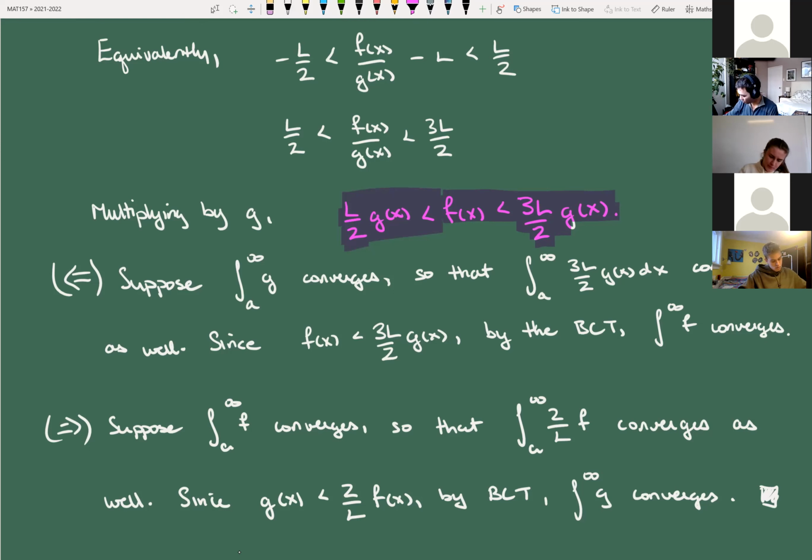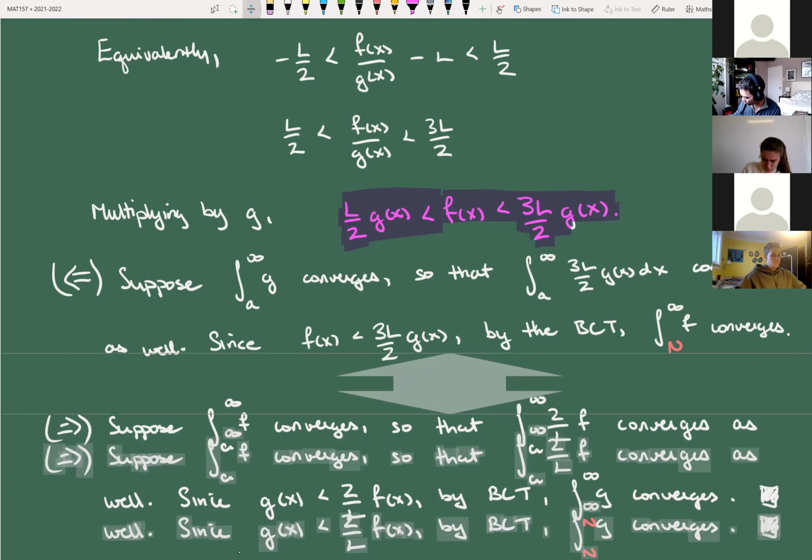Here, let me write those in red so you can see what changes I'm making. The best I can do is guarantee that those converge if I put an n there, because that's where this inequality is true: x has to be bigger than n. But in both of those cases, if you know that the integral converges from n to infinity, then it converges from a to infinity as well.